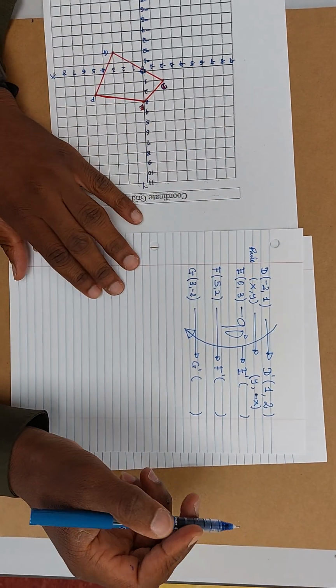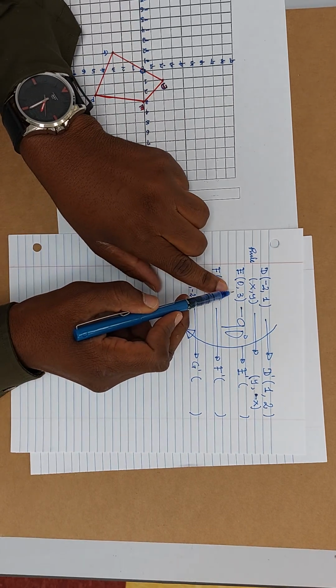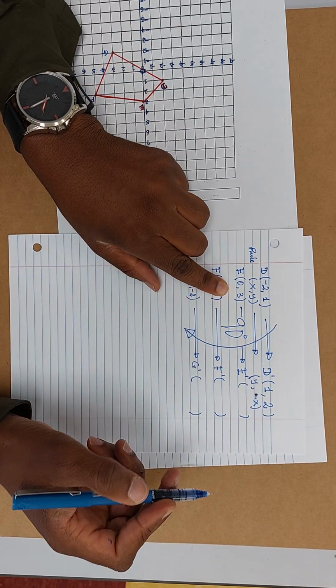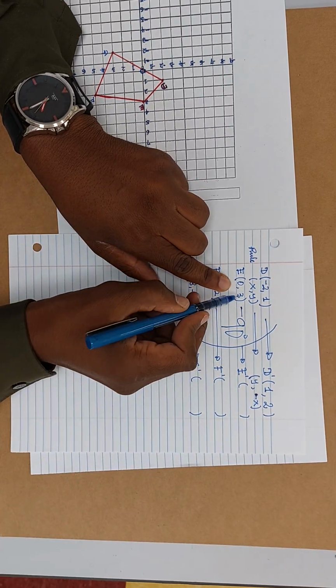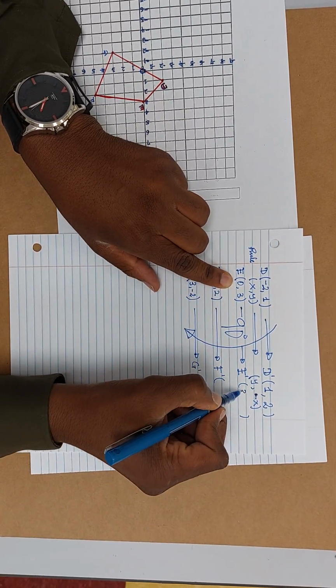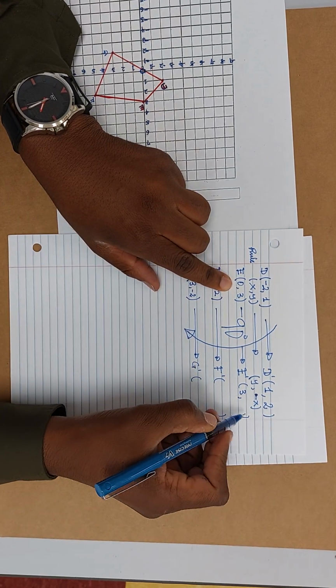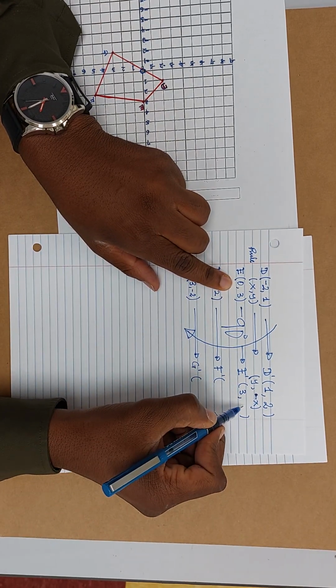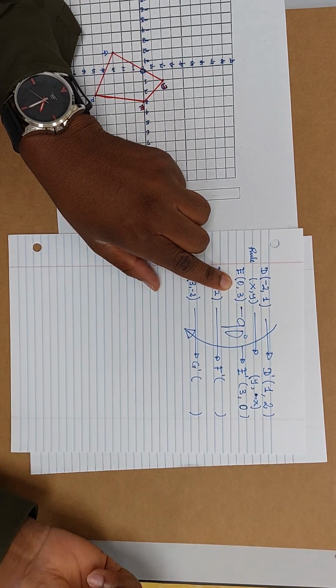So with that rule in mind, now we can go ahead and write the rest of the transformations. E will become, we switch the 2, it will be 3, because this y will go to the position of x. It will be 3, and then it's supposed to be negative 0, but 0 absorbs a negative sign. 0 does not show whether it's negative or positive, it just stays 0.